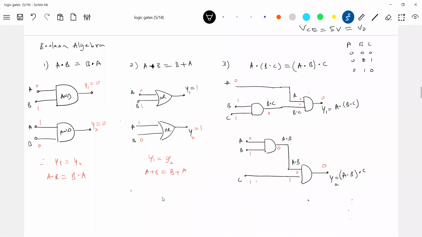So this will be 0, 1, 0. Okay, we have it like this. You verify for any of these inputs, you are going to get the same answer. Both LHS will become equal to RHS.